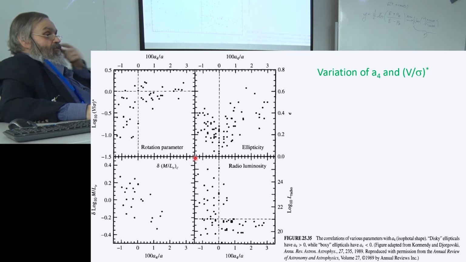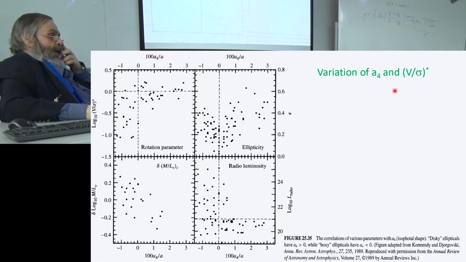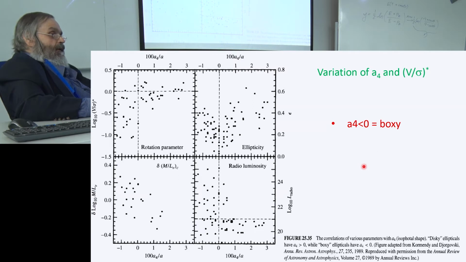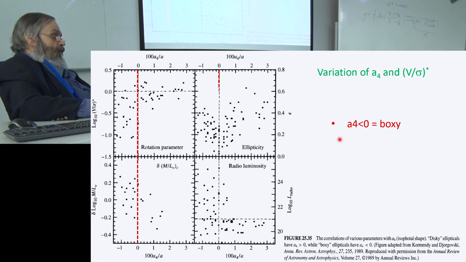Now this is a variation. This shows you the variation of A4. Remember, A4 was the fourth order, fourfold symmetry variation from the best fit ellipse to an elliptical shape, and compared to V over sigma, which tells you the rotation. If A4 is less than 0, then we have boxy isophotes. So here's the line A4 equals 0.